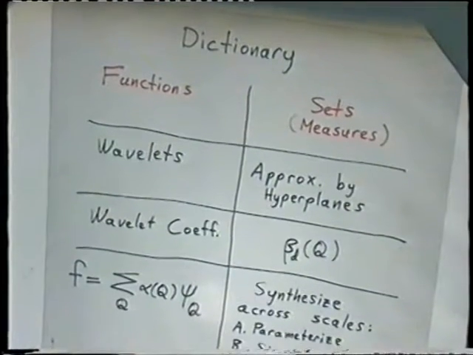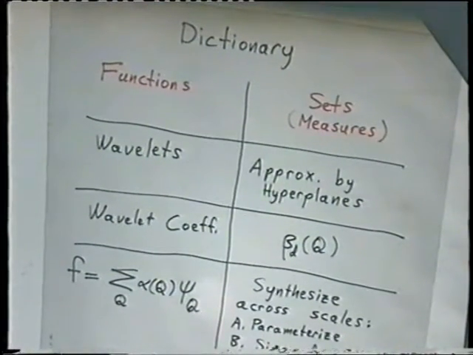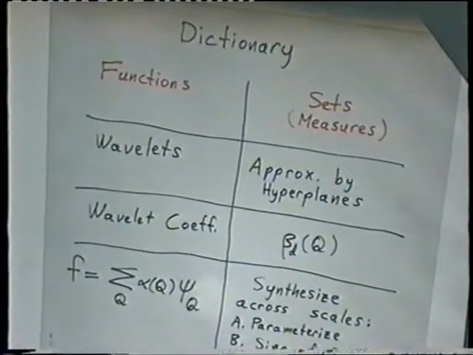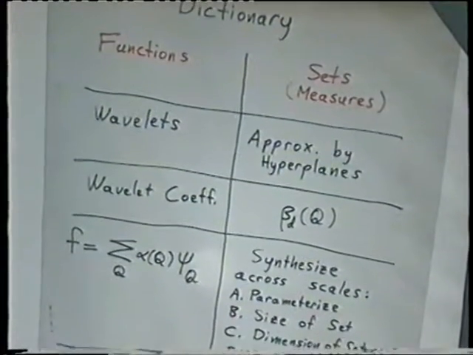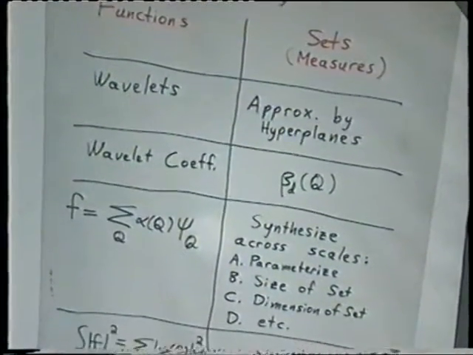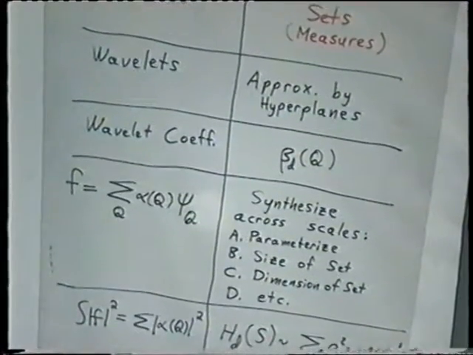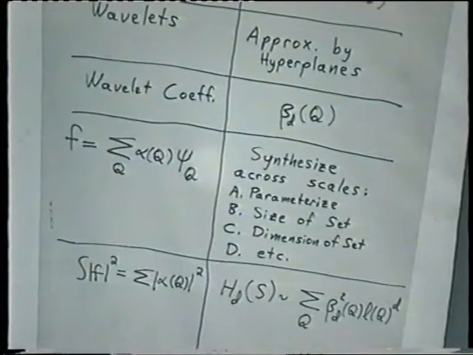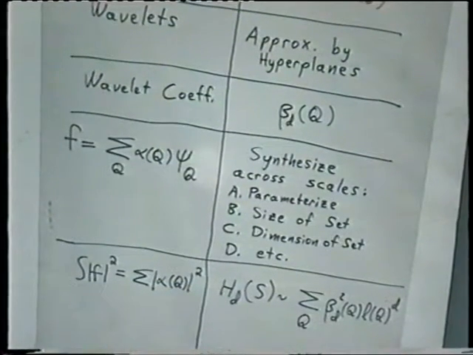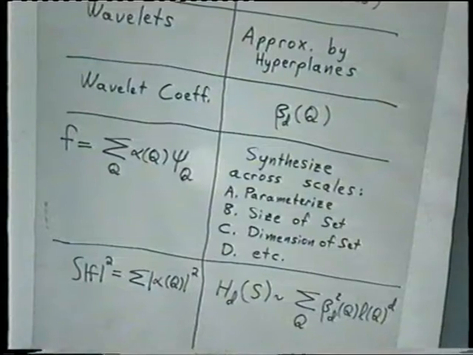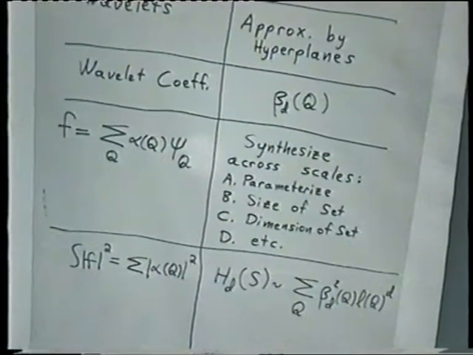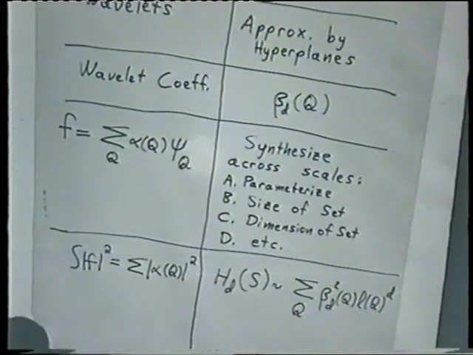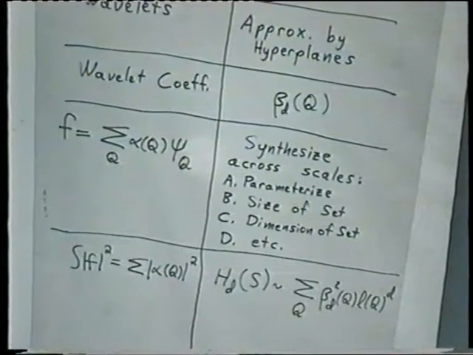So that is, you have a function, you have wavelets, which is a particular kind of orthogonal basis for L2. Then you have the wavelet coefficients, and when you have a basis, you can express the function in the basis by computing coefficients, and then you have the standard theorem about the L2 norm of the function.